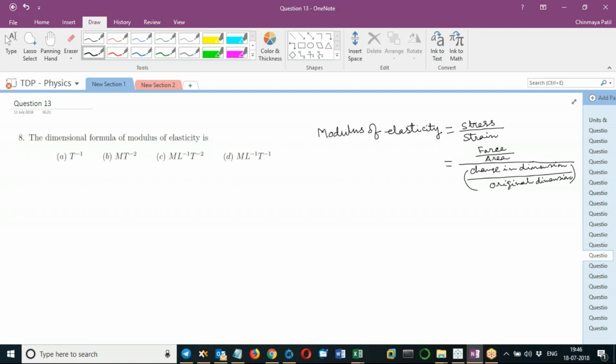So, the dimension of modulus of elasticity is something like this. We know force is M L T power minus 2, so M L T power minus 2 divided by area. Area is L square. And in the denominator, it is dimensionless.